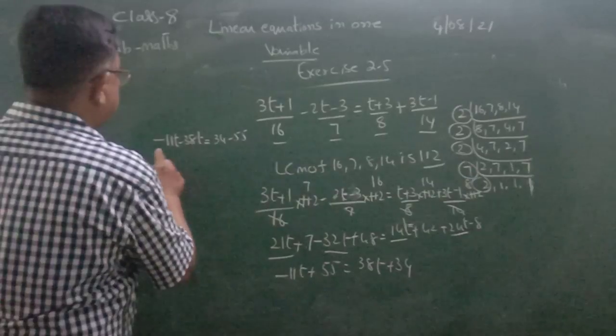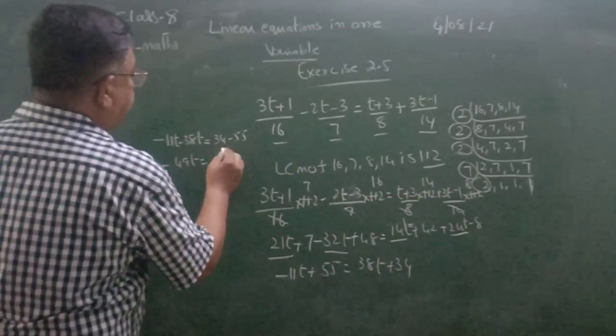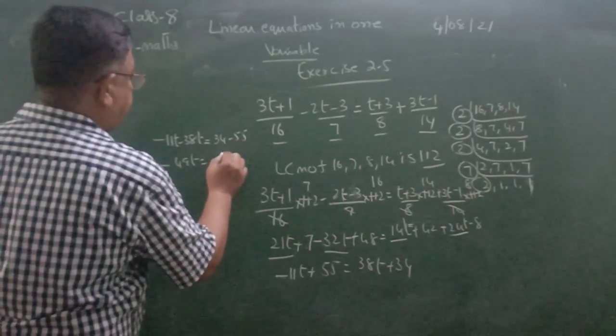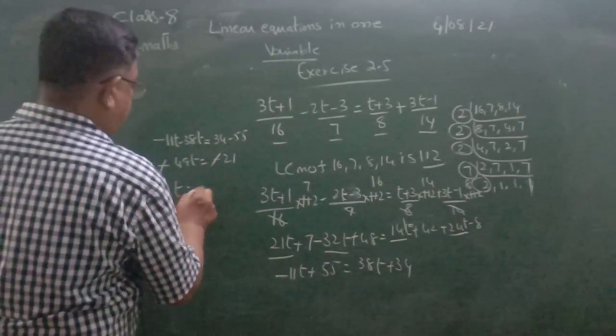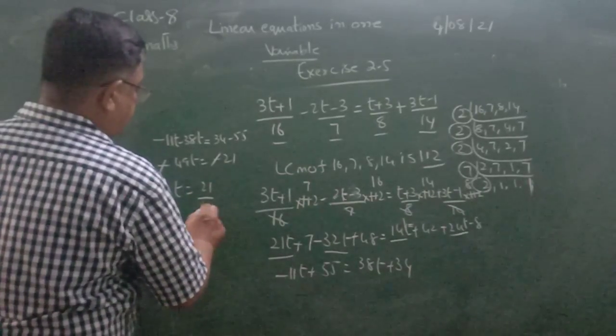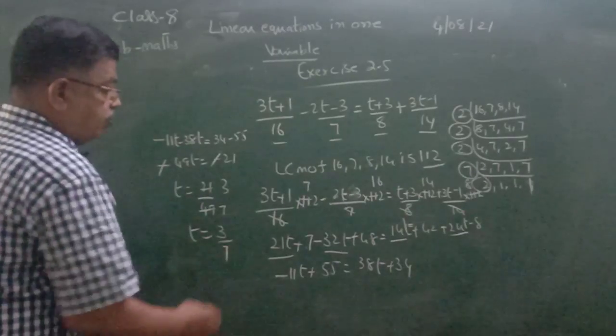These two become minus 49t is equal to 34 minus 55, which is minus 21. On both sides you have minus, so it cancels. t equals 21 by 49, 7 7s are 49, 7 3s are 21. So the value of t equals 3 by 7.